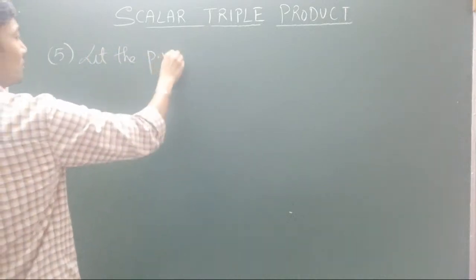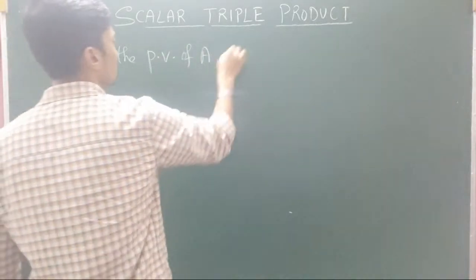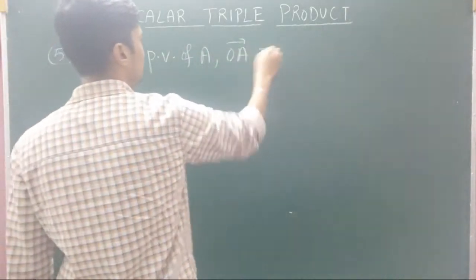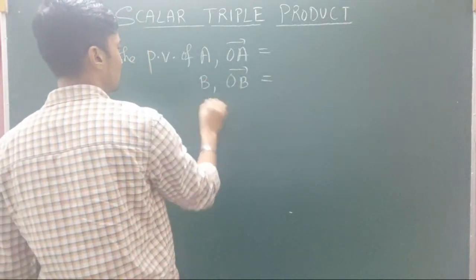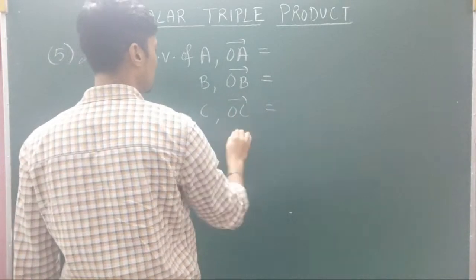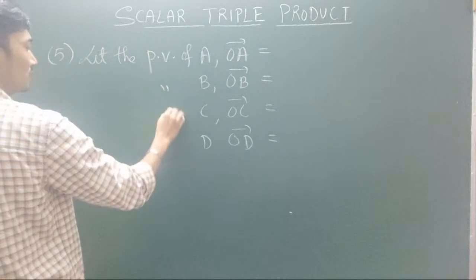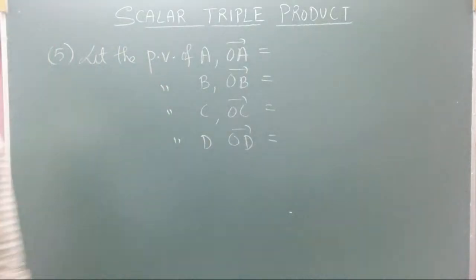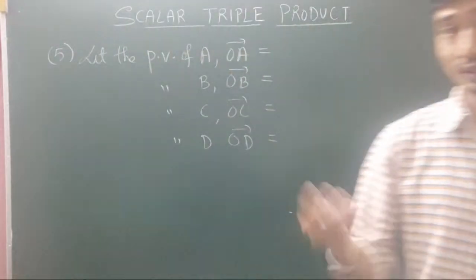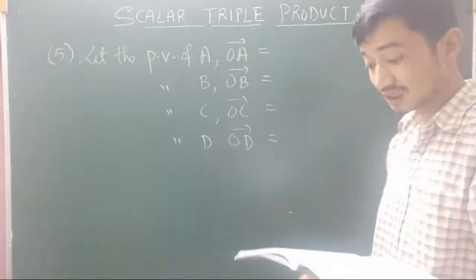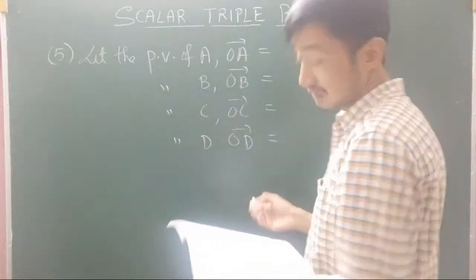Let the position vectors of A, B, C, D be OA vector, OB vector, OC vector, OD vector. Let's first convert that into respective vectors. I'm going to give you another formula here. When you have these 4 vectors, how do we prove that they are coplanar? They are all position vectors.